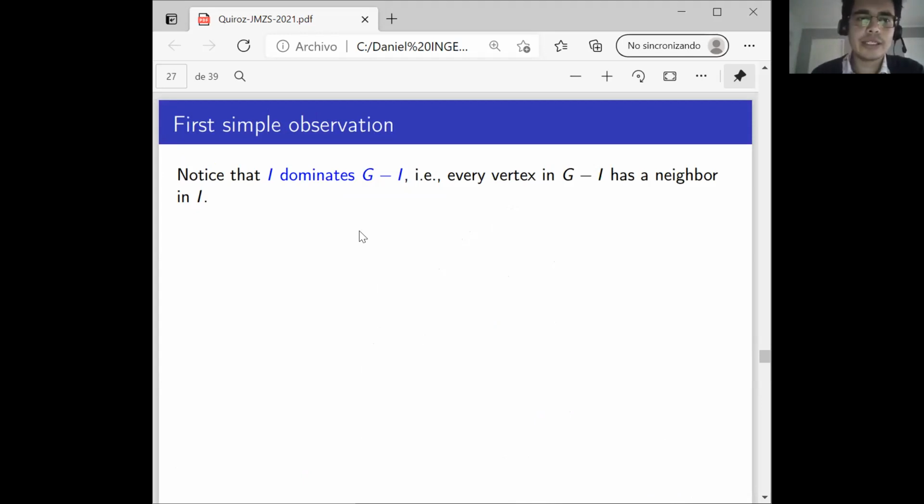The first one is that our independent set dominates the rest of the graph. That means that every vertex in the graph minus I has a neighbor in I. Why is that? Well, because if I had some vertex here that didn't see anyone here, then we would have an independent set of size 4.